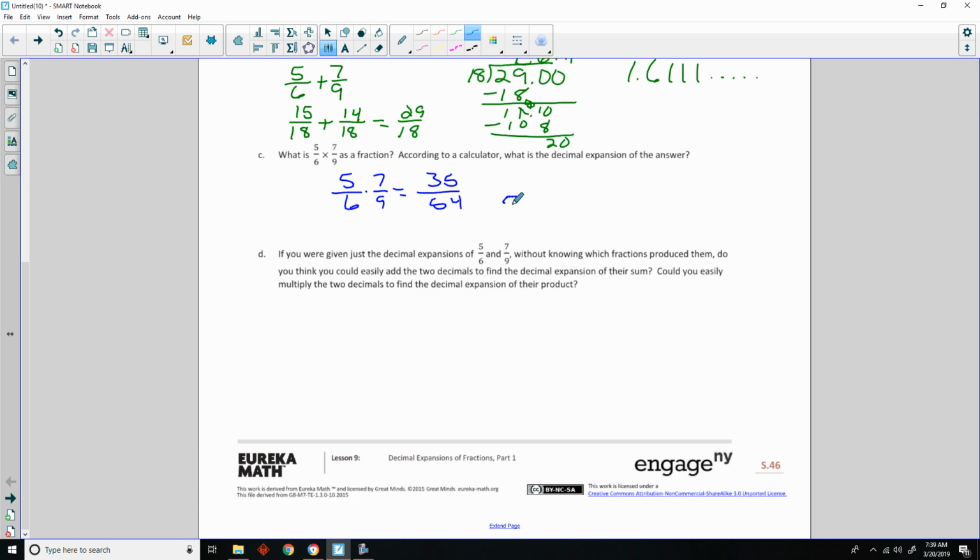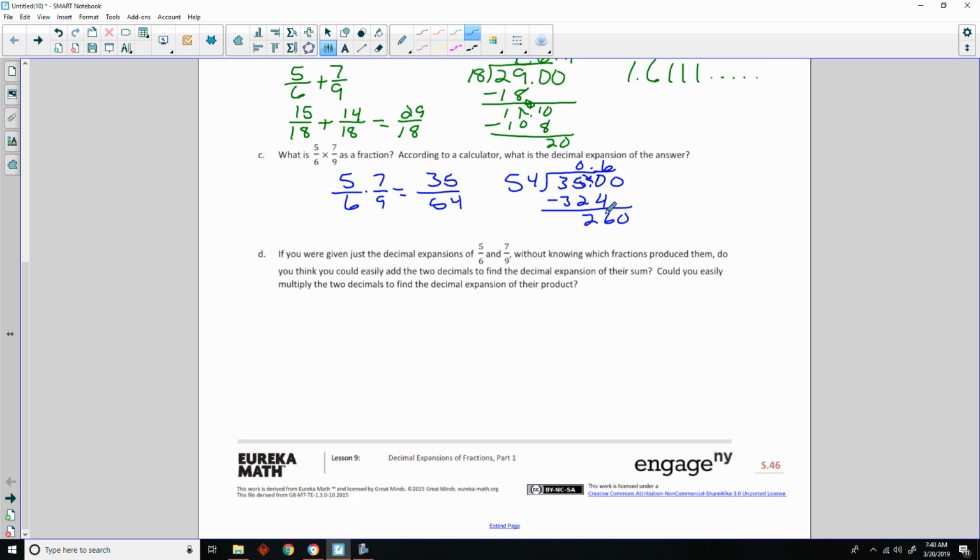And if I take 54 and divide 35 by it, 54 will go into 350 6 times. 6 times 4 is 24, carry the 2. 6 times 5 is 30, plus 2 is 32. Subtract, and that will be 26. Bring down a 0.